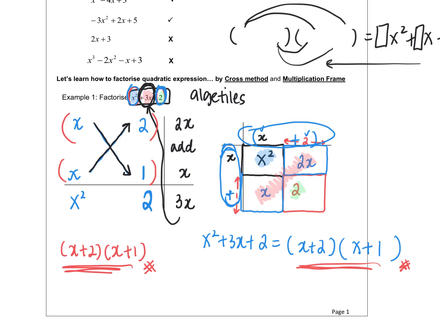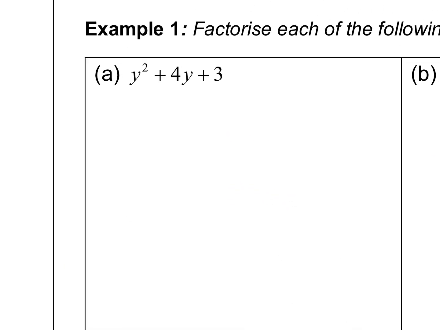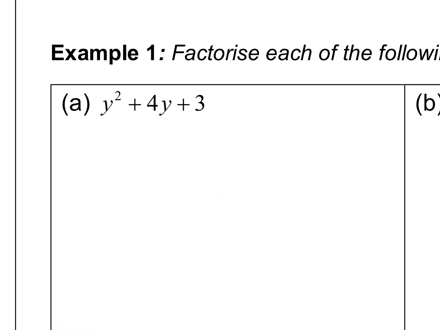Now we'll do a few examples until you get comfortable. Ready? Let's do this one. First thing first, I'm going to do both methods. If you are using the area model, those who like the area model, listen up.